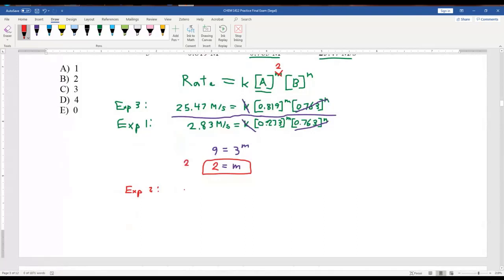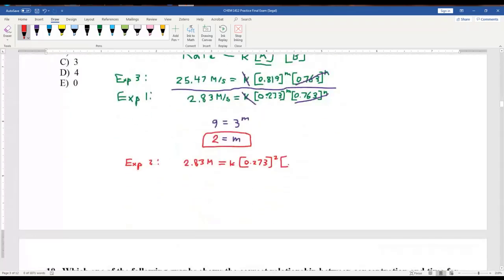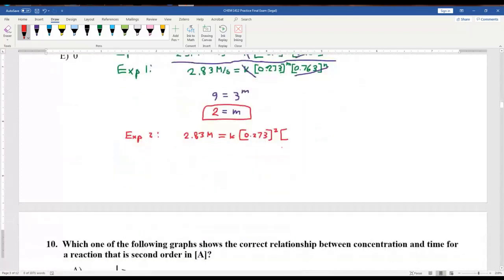It's 2.83 molarity per second, equal to K, little k, times the concentration of A, which is 0.273 to the second power, times the concentration of B, which for experiment 2 is 1.526 molar. And this is to the n power, because I don't know that one.